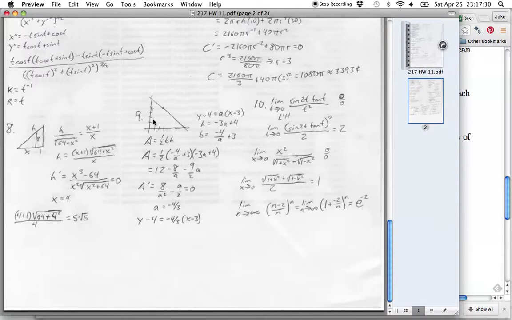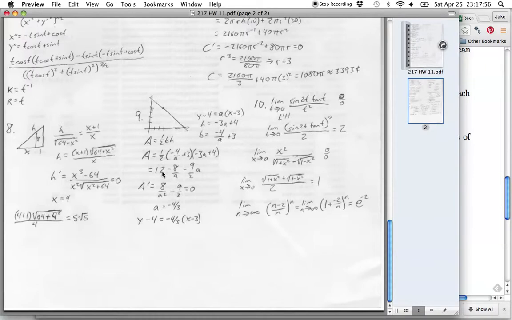I know that the height of this is always when x is equal to 0. So if I put in x equals 0, I figure out what my height is, and it's here. I know that my base is whatever this line is when y is equal to 0. So I find that here. And now I can rewrite big A, area, in terms of little a, my slope.